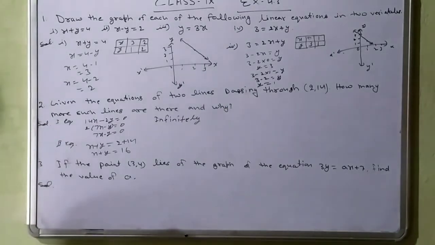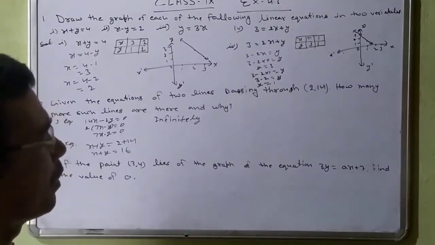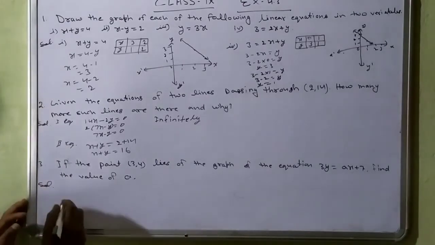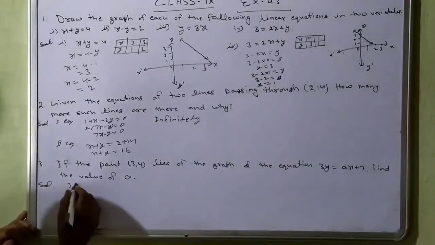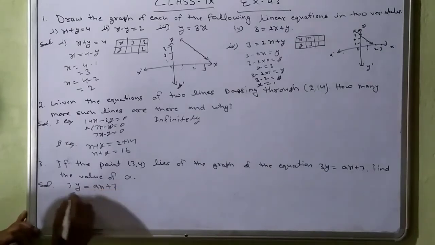Question number 3. If the point 3, 4 lies on the graph of the equation 3y is equal to ax plus 7, find the value of a. Very important question. That equation is 3y is equal to ax plus 7.